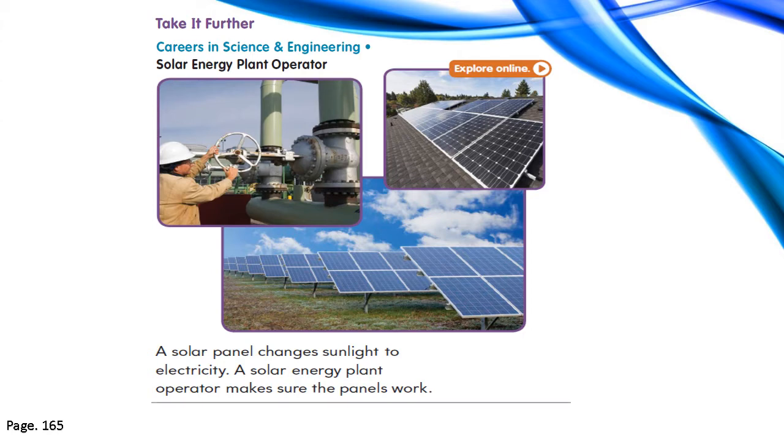And here in this page, we are asked to circle the picture of a solar panel operator. So, which one of these three pictures are we going to circle? Great job! The first picture.